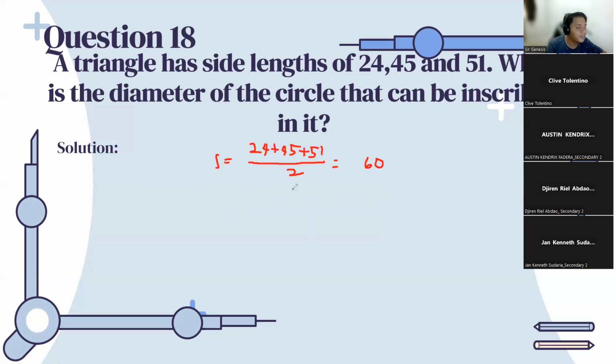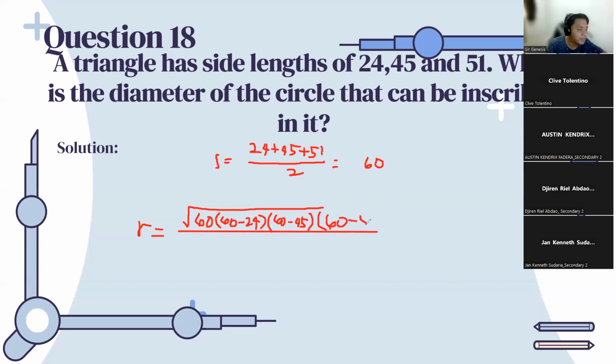Yes. So if S is equal to 60, then the inradius formula will just be the square root of Heron's formula, right? So Heron's formula is S, 60, multiplied by 60 minus 24, multiplied by 60 minus 45, multiplied by 60 minus 51.